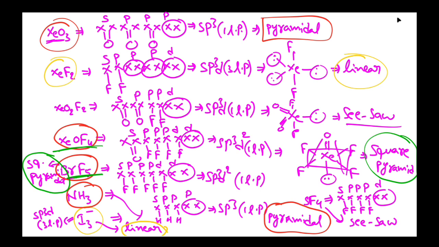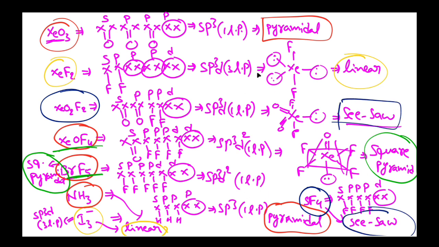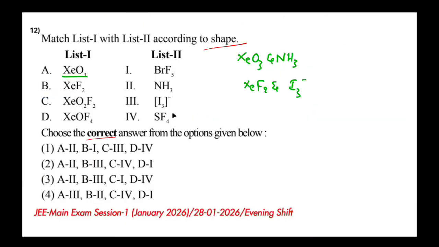XeO2F2 and SF4 are both seesaw arrangement. So these are the 4 different types of molecules. XeO3 and NH3 are both pyramidal, and XeF2 and I3 minus are both linear.